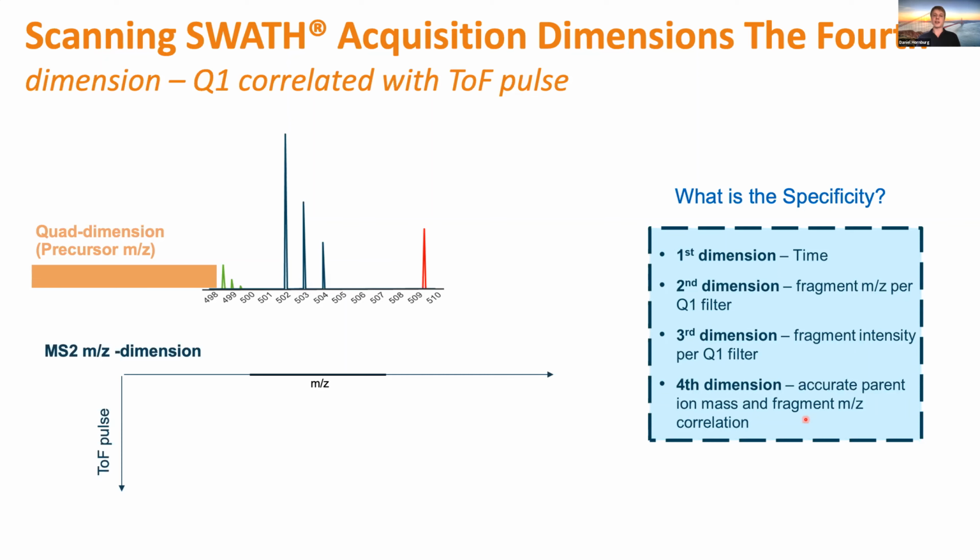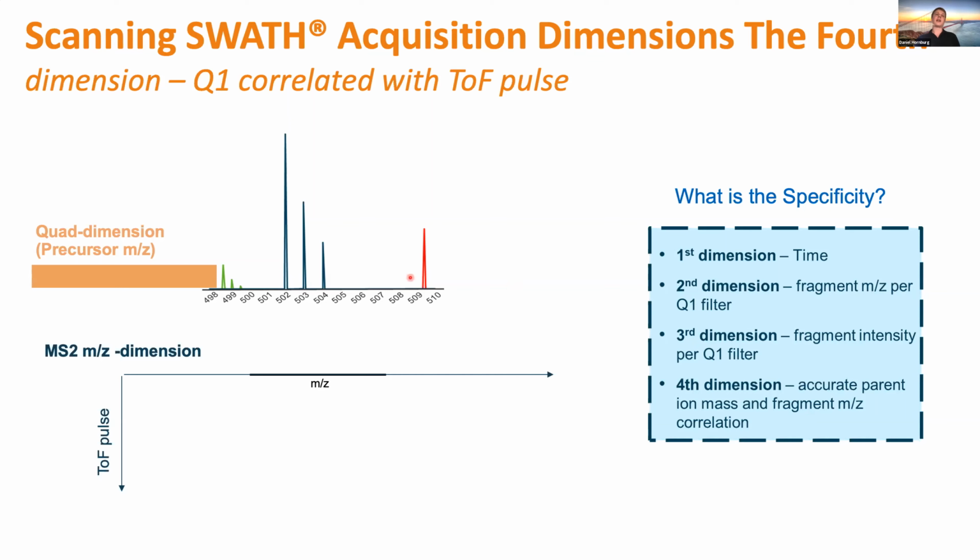So your MS2 doesn't need to add a lot of information, right? So in swath, conceptually, we always have much more complex MS2 spectra, which is why getting a correlation between the precursor ion mass and the fragments is helping a lot.